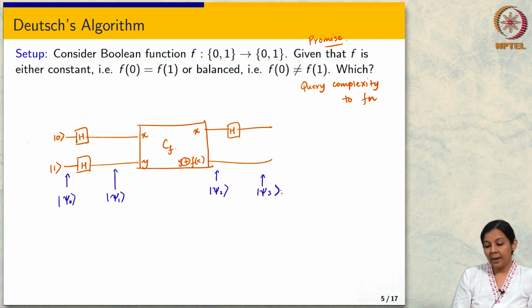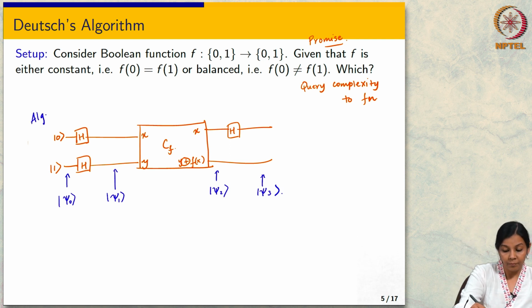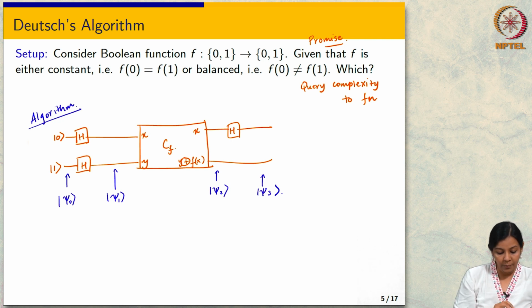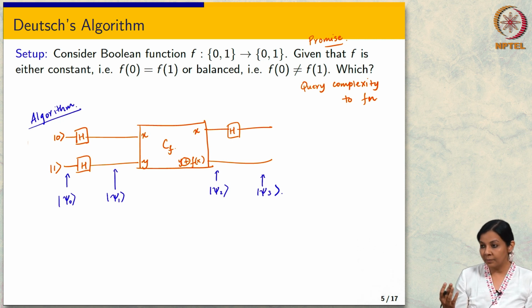So this is my circuit that I am going to implement. So this is my algorithm. And of course, I will perform a measurement in the end, we will see what that is.